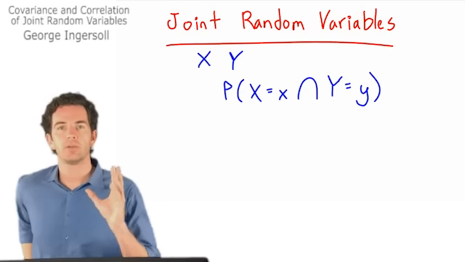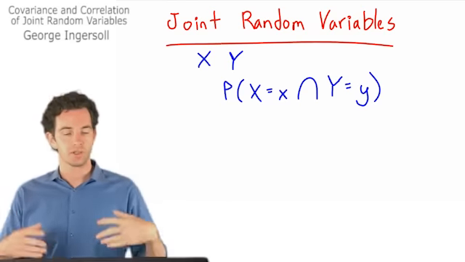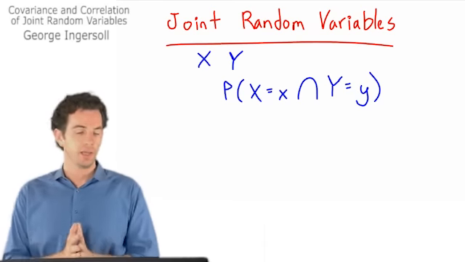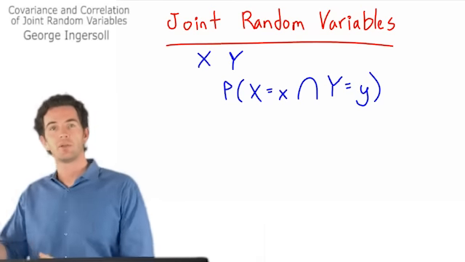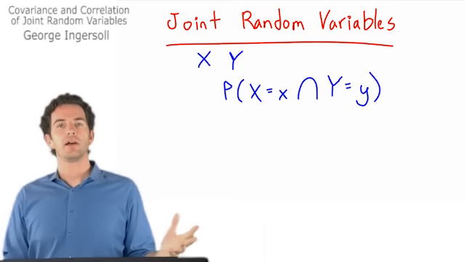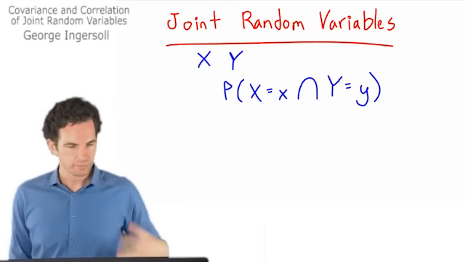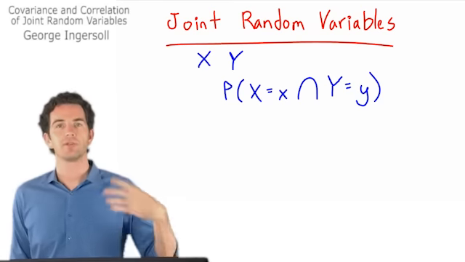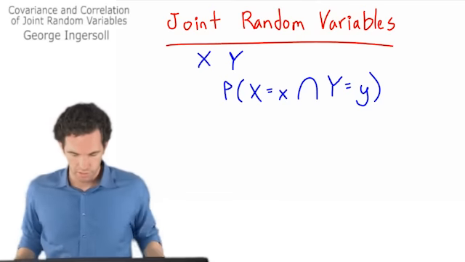And so what we talk about when we talk about joint random variables is the entire universe of probabilities associated with combinations of X and Y. If you take every possible outcome for X and every possible outcome for Y and match them all up, you're going to get a total probability of 100%. As with any probability event, you just have to add up all those probabilities.